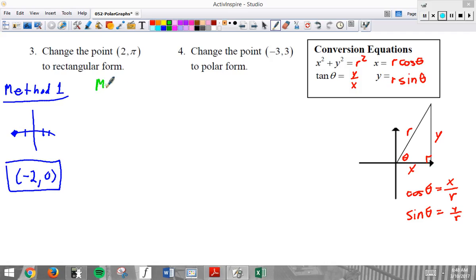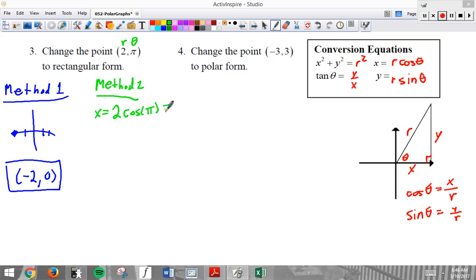Method 2. So obviously method 1's faster, but you have to be able to graph really quickly on the fly. Or picture it in your head. Method 2 will be to use the conversion equations. So x equals r cosine theta. That's r and that's theta, just to be clear.